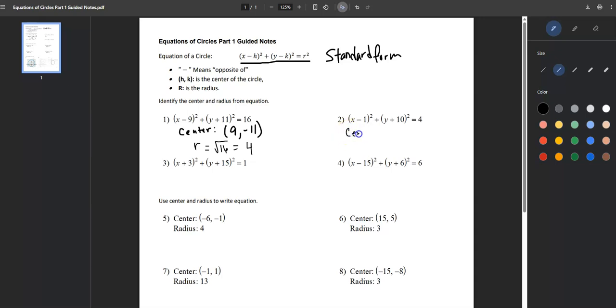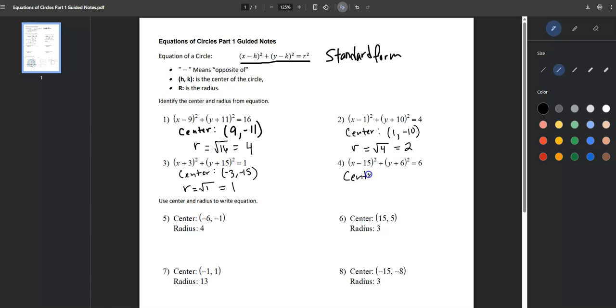These are all going to be in this form here. My center is going to be 1, negative 10, and my radius is going to be the square root of 4, which is equal to 2. This third example, my center is going to be negative 3, negative 15, and my radius is the square root of 1, which is equal to 1.